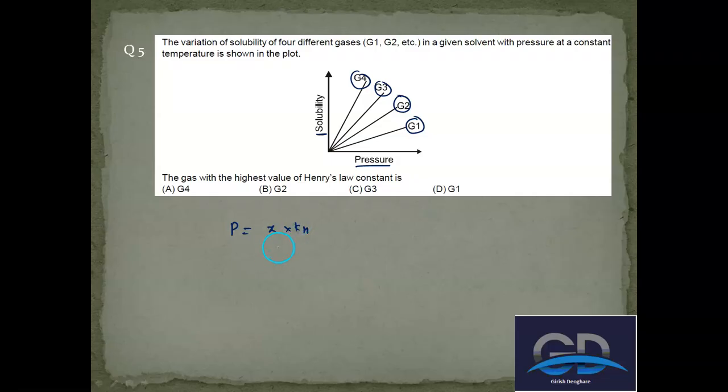So if we measure solubility in terms of mole fraction, it will be equal to 1 upon kH times P, which means the Henry constant will be inversely proportional to the slope. The one with the least slope will have the highest Henry constant. We can see that this happens for gas G1, and therefore the answer for this question is D.